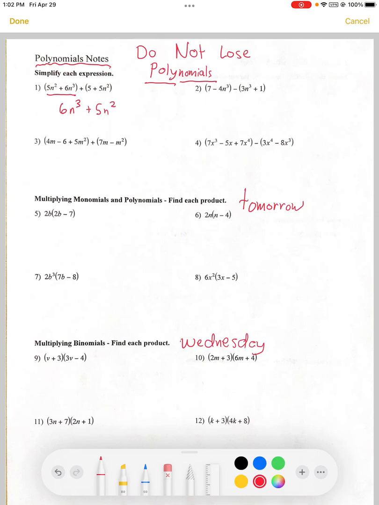Now, when you are adding polynomials, the most important concept and the easiest thing to get wrong is adding things that you cannot add. So we'll write this as a simple rule. Different exponents cannot be added or subtracted.